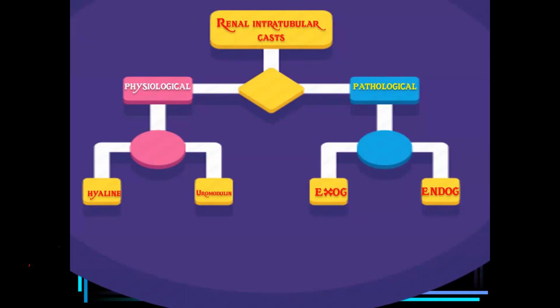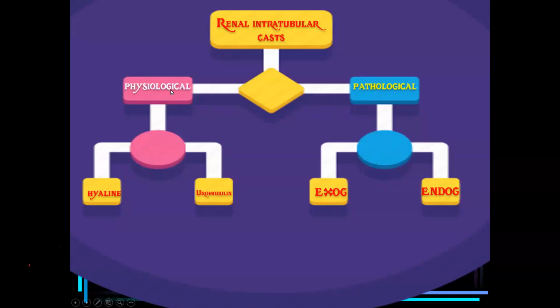So I made this flow chart in this way, and I think we may agree later that it will help to put all the possibilities of casts that we may see in renal nephropathology without missing some of them. So it may be physiological casts or pathological casts.